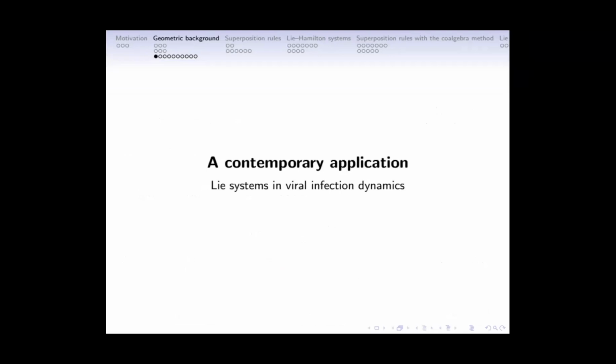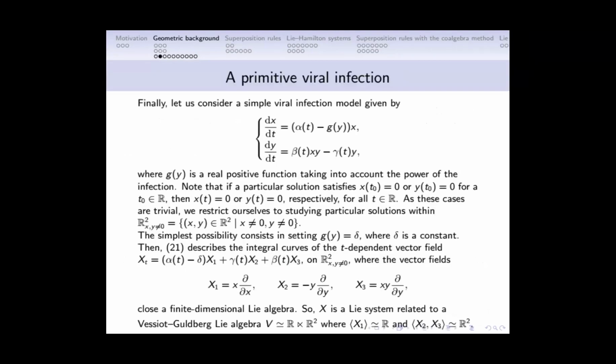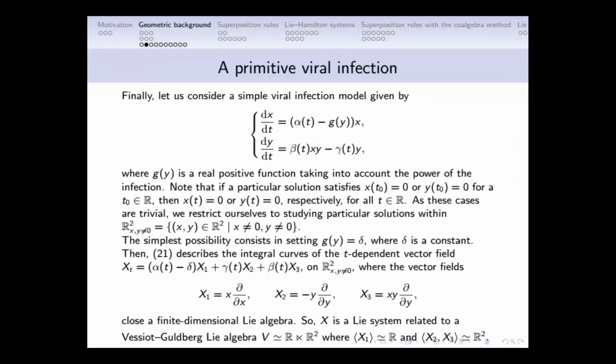So I'm gonna tell you a bit about a contemporary application, which would be Lie systems in viral infection dynamics. So first of all, I'll start with a simple viral infection. So you have two variables. Imagine that these are the infected individuals, for example, and X are the susceptible ones.